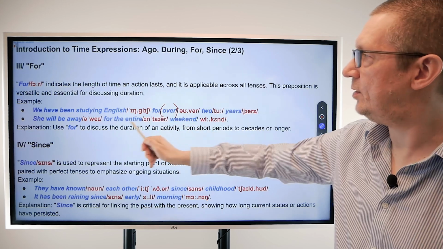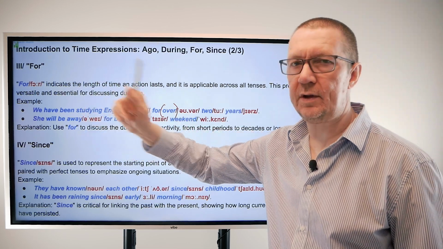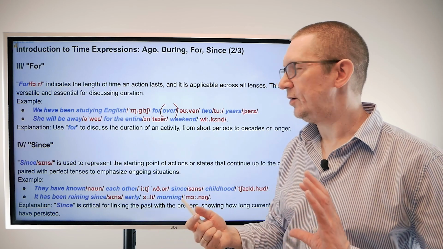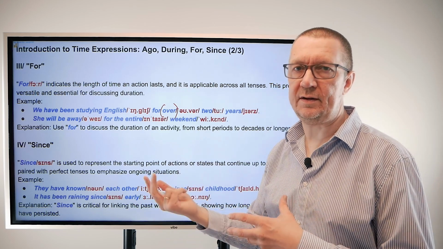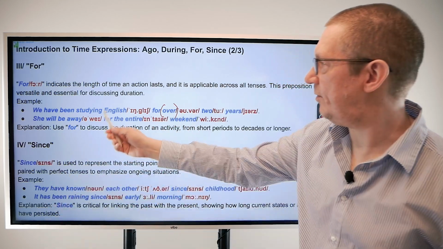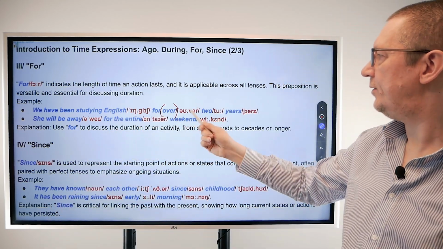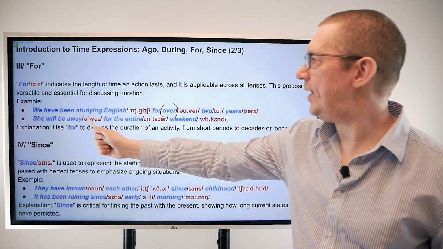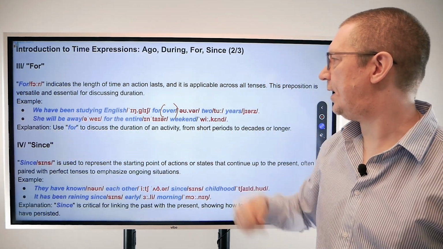Often this is found with the present perfect continuous. Present perfect continuous goes very well with this word for. So I have been walking for 10 minutes. We have been studying English for over 2 years. Okay? She will be away for the entire weekend.